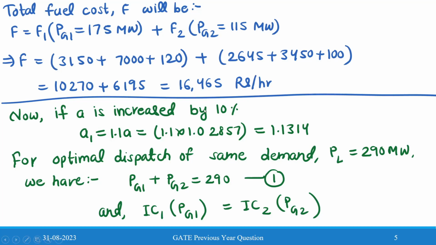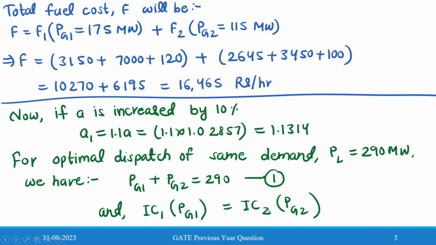Now the question asks us to compare the generating power of the first generator and the total fuel cost after increasing the value of A by 10%. So the new A will be 1.1 A, which comes out as 1.1314. For optimal dispatch of the same demand, PL equal to 290 megawatt, we have Pg1 plus Pg2 equal to 290 megawatt and IC1 equal to IC2.